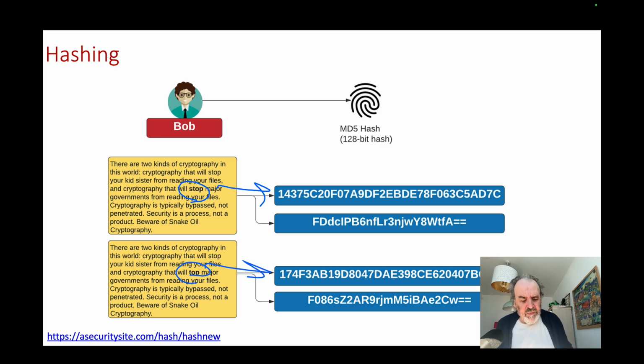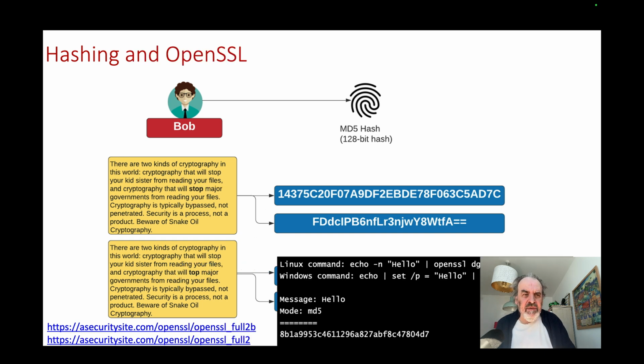So it's not possible for us to reverse back from the hash to the original data. If we're using OpenSSL, that's the standard software that we would typically use with cryptography, then we can use these commands in here to be able to create the hash values that we require.